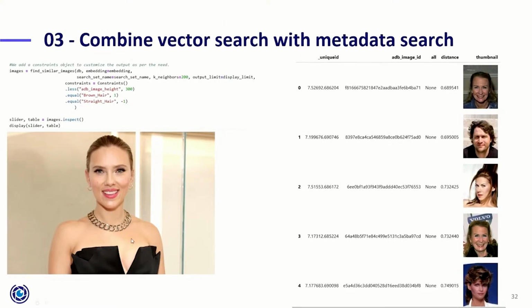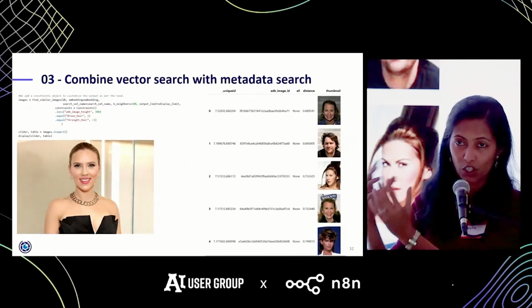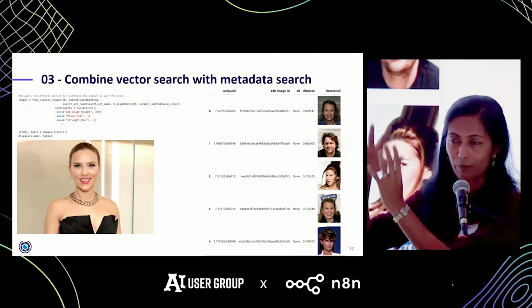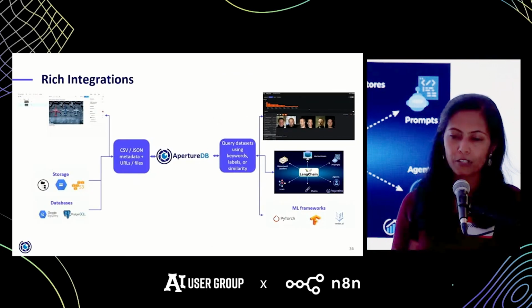You can do find near neighbors, but filter them by brown straight hair. And what we are doing here is giving it the ability, using the database, to combine vector search with the metadata search, which in our case is a graph, because we blend everything together in the graph that we represent things in. So that's some of the examples.